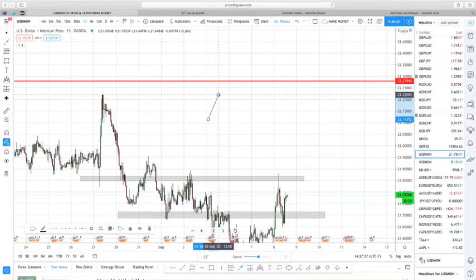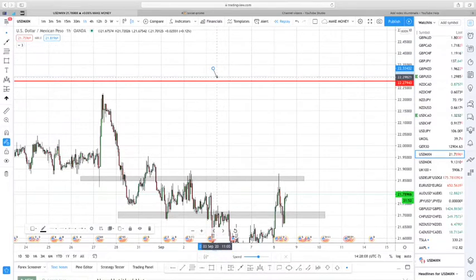So if you're anticipating for the market to come up into this point and then turn around, then yes, you can set your sell limit right here, but price, which is USD MXN, has to be below that entry point, or MT4 won't let you input this sell limit if price was above here.